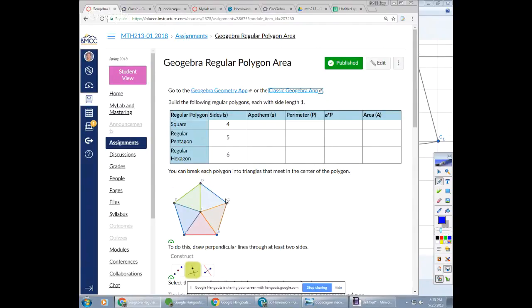Since it's a regular polygon, each of the triangles is going to have to be congruent, because they start off with the same outside edge, and they're all going to the center of that polygon. So each of these interior lines is going to be the same. I can't quite call them diagonals, because a diagonal connects two non-adjacent vertices, and these don't do that. They just go to the center of the polygon. They're just edges of these internal triangles right there.